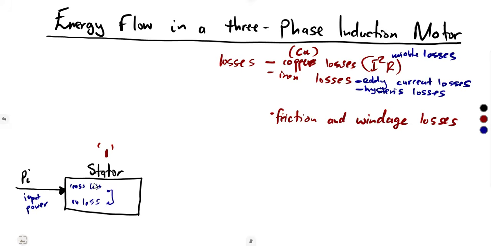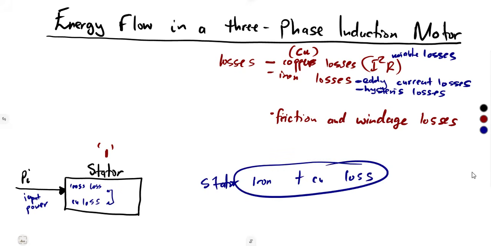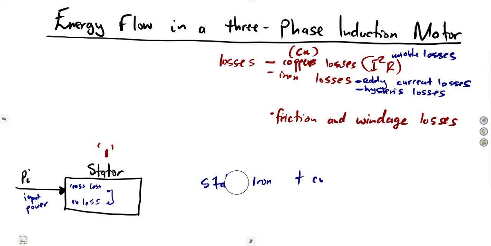So you can say stator iron plus copper loss. It's just one thing. All right, so what do we have as part of the stator? We've got the stator iron plus copper loss. These are the combined losses in our stator.